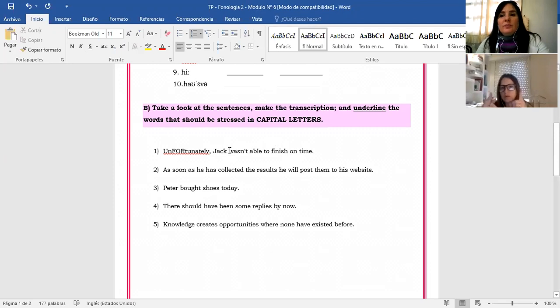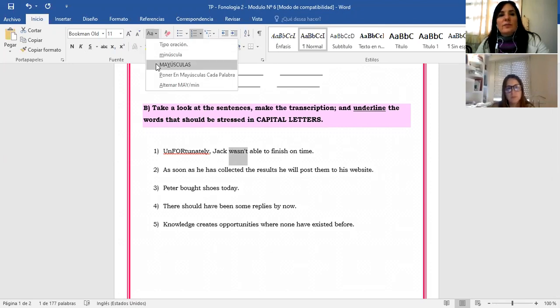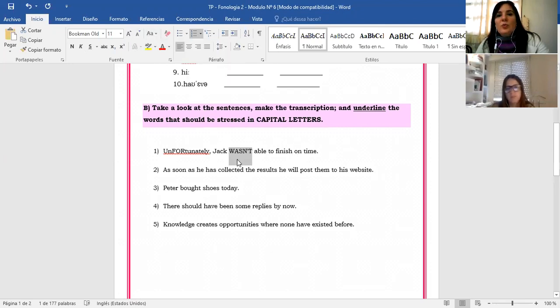And so, the full word wasn't, yes, or wasn't or was able or wasn't. In this case, if you don't know how to divide it, you can stress the whole word. So this whole word we turn into capital letters. Wasn't able. El able no es importante. Lo importante es que no estaba capacitado o no pudo.